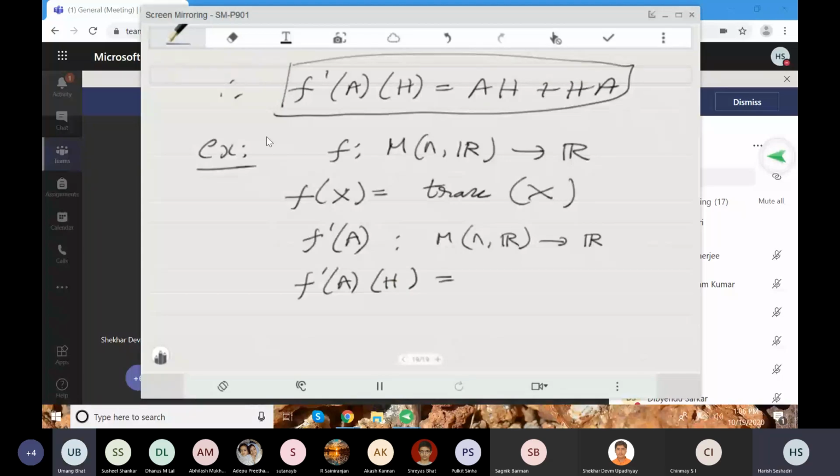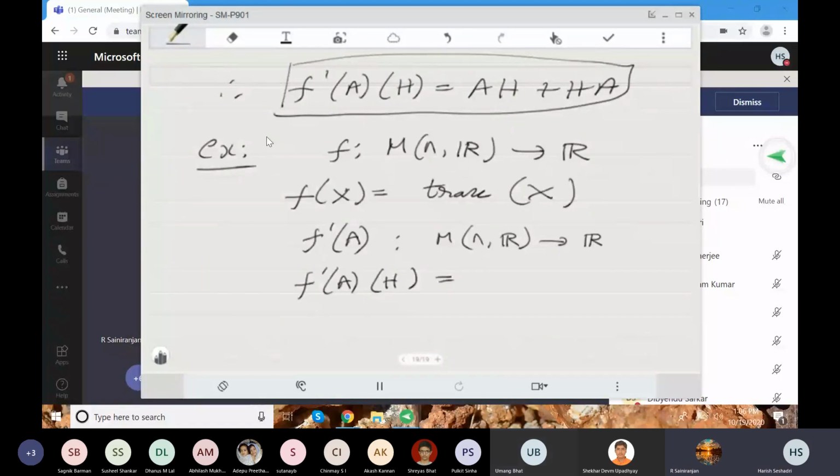The hint is that you don't need to do any computations. Trace of h, maybe? And why is that? You're right, but why is that?